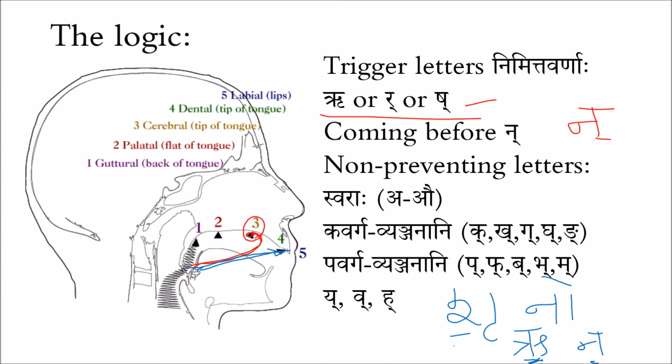Now, what is the position of Na? Position of Na is also murdha. It is also 3.